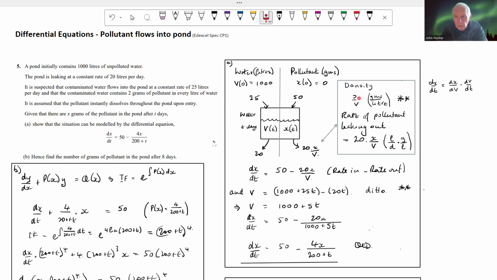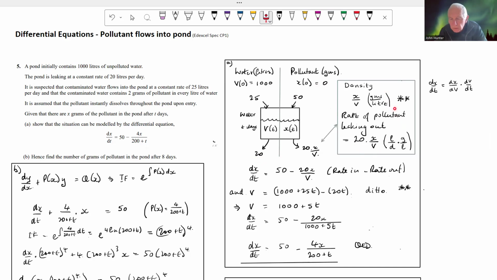So let's have a look at the density. The density is basically x divided by v. These are functions of time: x is a function of time, v is a function of time. If that is the density, then the rate that the pollutant leaks out is going to be 20 times the density.